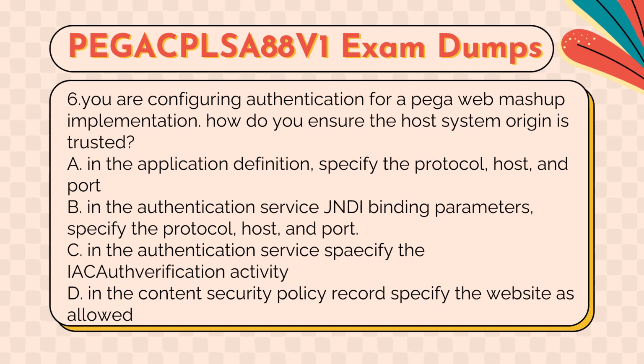B. In the authentication service JNDI binding parameters, specify the protocol, host, and port. C. In the authentication service, specify the IAC auth verification activity. D. In the content security policy record, specify the website as allowed.